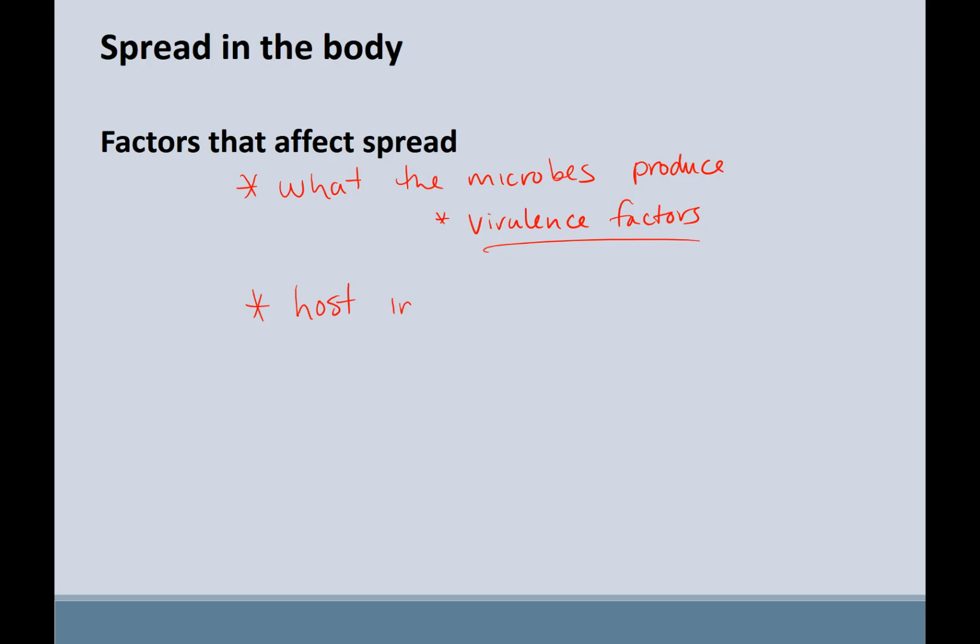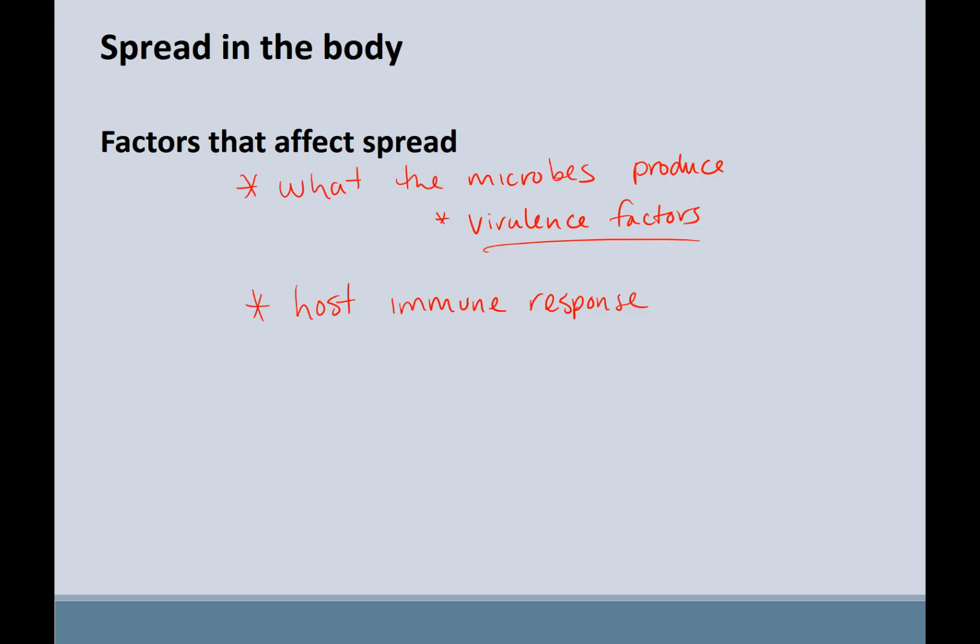Your host immune response. Right? If you have a really strong host immune response, say you have been vaccinated to something before and this is your second challenge, you may not ever get disease. You may not get sick, hopefully not. That's why we do vaccines, because your host immune response is already primed and ready to take over.